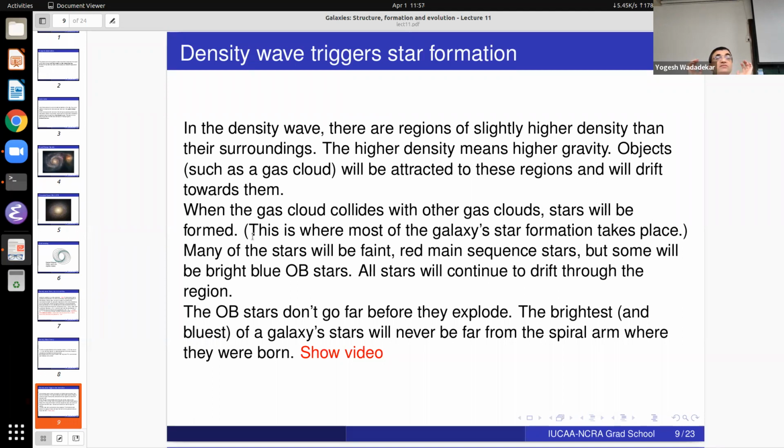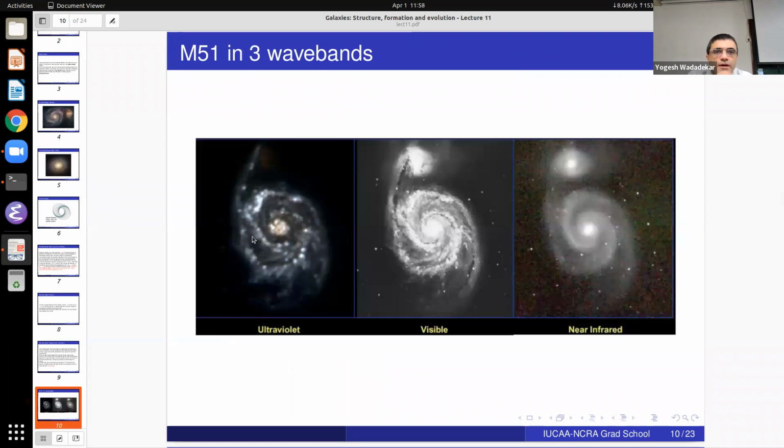Okay, that is not explained by density wave theory. What is explained by density wave theory is how star formation happens, or why the arms are persistent, where the arms can be formed. But can be formed and must form are different things. The theory does not explain why they have formed. There are some limitations of the theory.